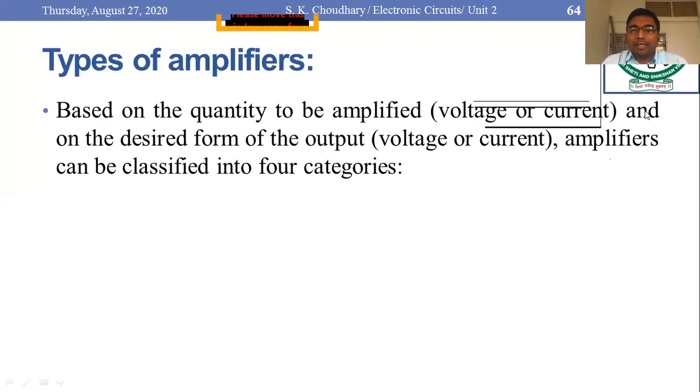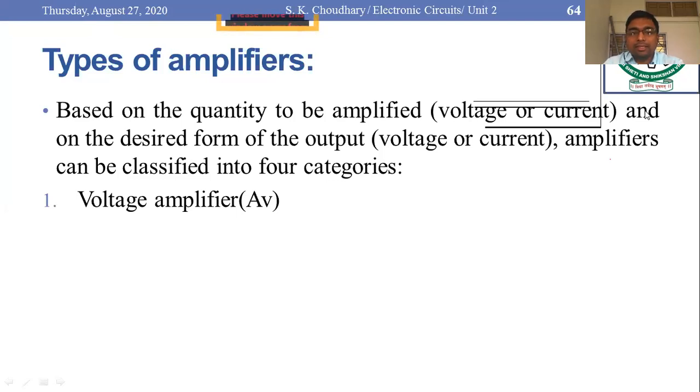Based on the quantity to be amplified, voltage or current, basically we use two quantities, either a voltage or a current. Based on the quantity to be amplified and on the desired form of output, amplifiers can be classified into four categories.